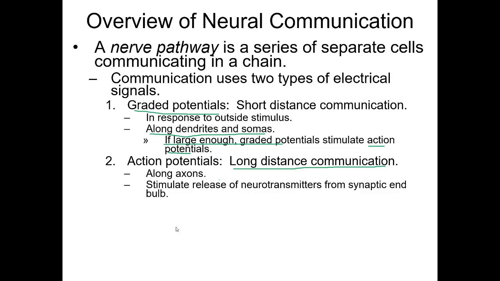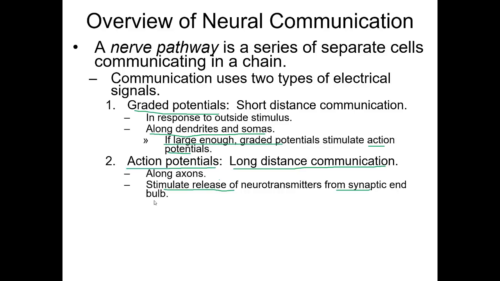That action potential would not just go along the dendrite and soma, but it would go down the axon and stimulate the release of neurotransmitters from the synaptic end bulb and get a response. That is called an action potential. So in contrast, a graded potential is a short distance communication and an action potential is a long distance communication.